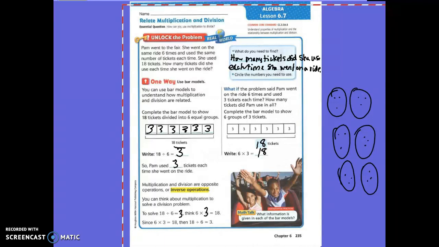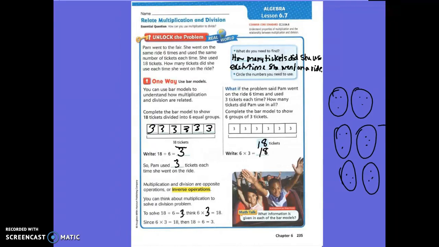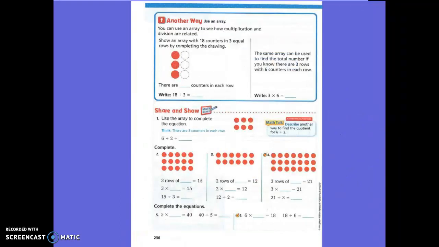Circle the numbers you need to use. Go ahead and circle them. Okay, another way to solve this problem, instead of doing a bar model, you could do an array. You can use an array to see how multiplication and division are related.